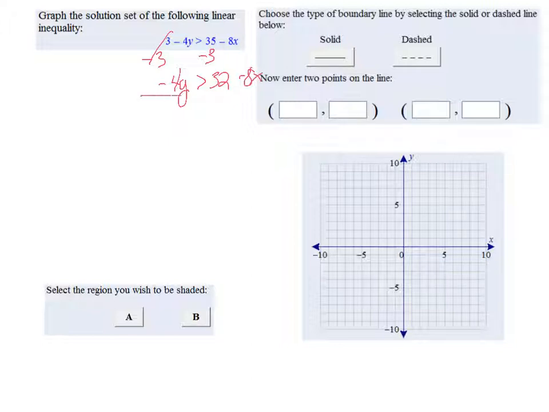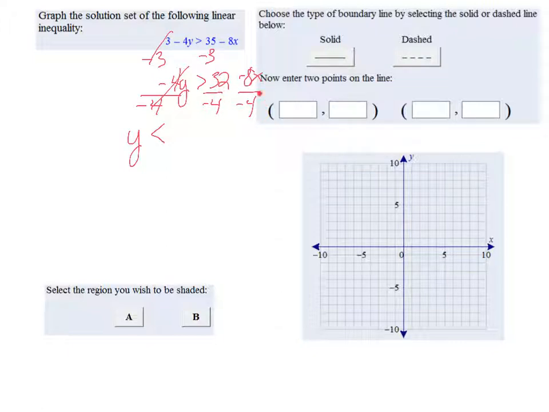And then I'm going to come back and I'm going to divide everything by negative 4 to isolate that. That's going to cross off, so I'm going to have a y. Remember that if I divide by a negative, I have to switch my inequality, so my greater than is now going to be a less than. And then the other thing that I'm going to do is I don't really like my number to come before my x.